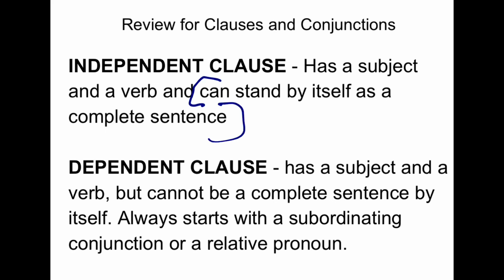An independent clause, though, can stand by itself as a complete sentence, whereas a dependent clause cannot be a complete sentence by itself. One way to help identify clauses is by tracking the subjects and predicates, but another, for dependent clauses, is remembering that they always start with a subordinating conjunction or a relative pronoun.